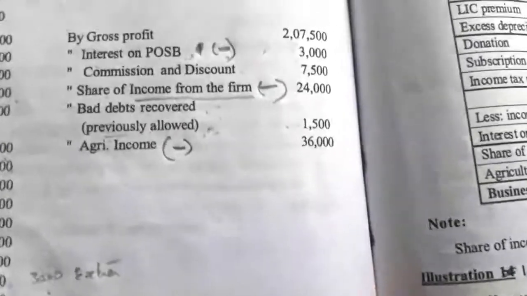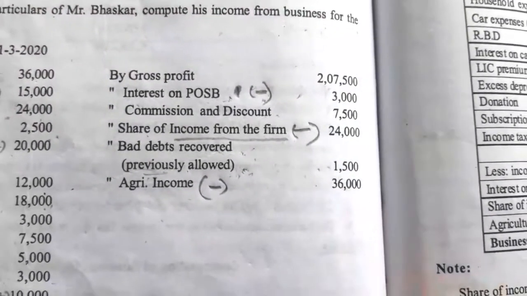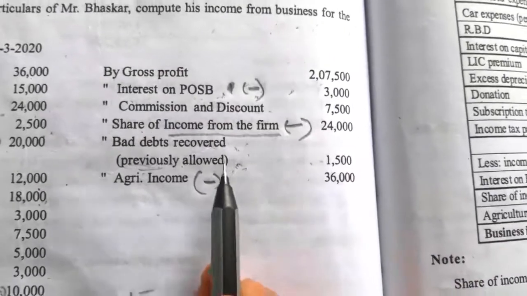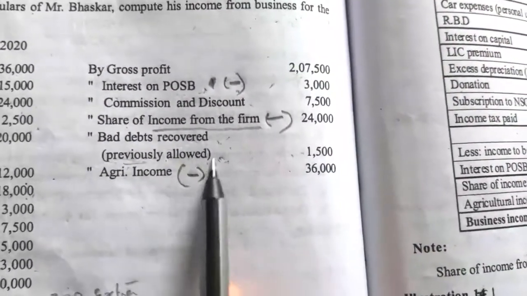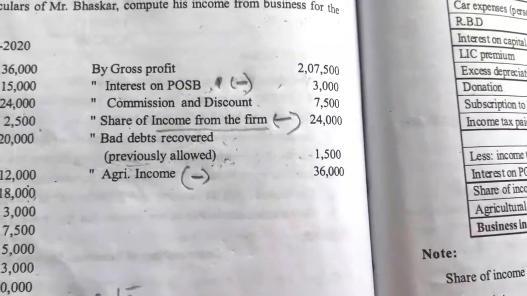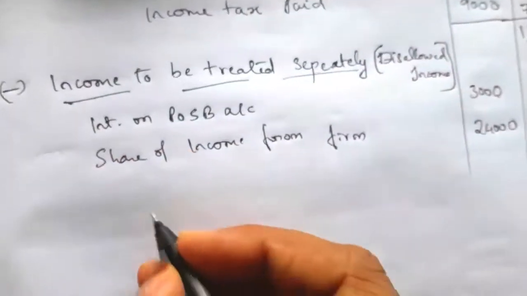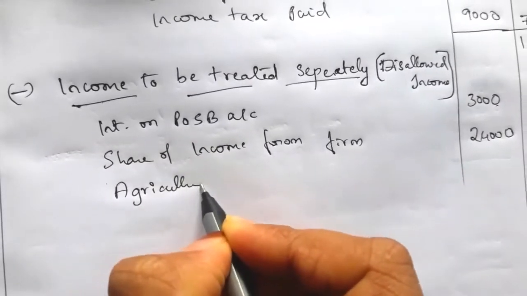Next, bad debt recovered previously allowed is allowed income to the business, so leave as it is. If they give bad debt recovered disallowed earlier, then we have to deduct, or else we should not deduct. Then agricultural income is not relating to business, so it should be deducted from the net profit.